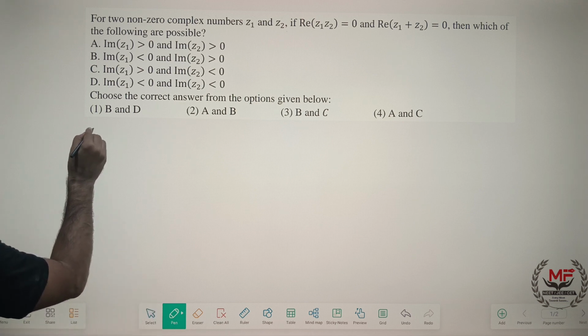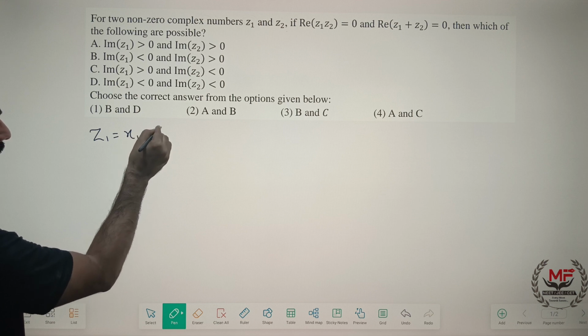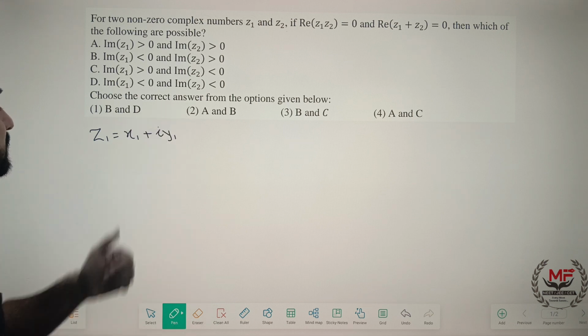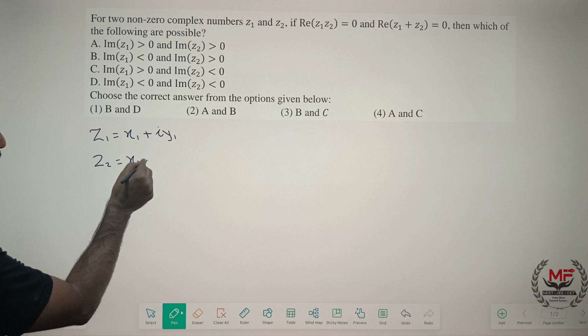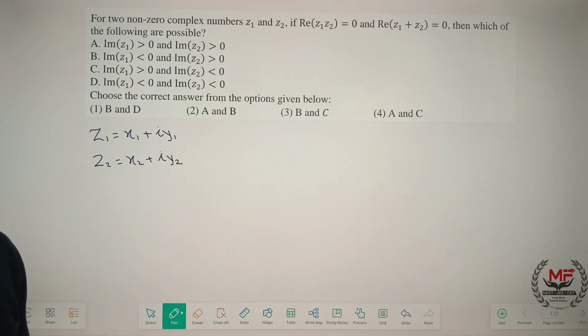First, we will assume z1 is equal to x1 plus i y1. Also, we can assume z2 is equal to x2 plus i y2.